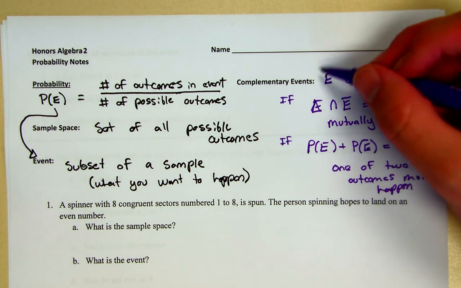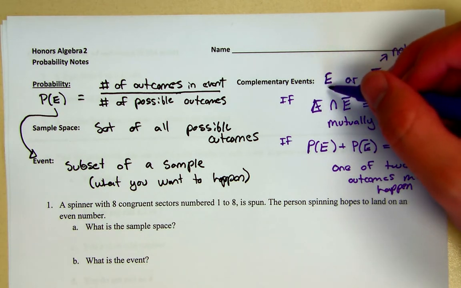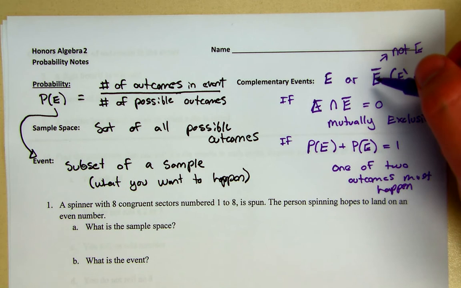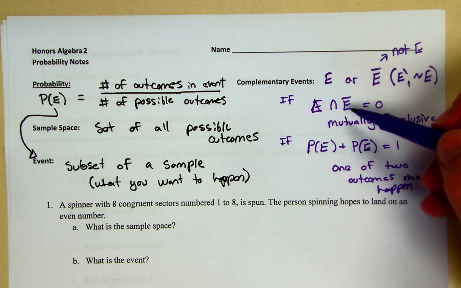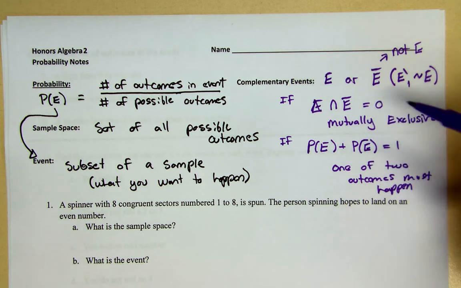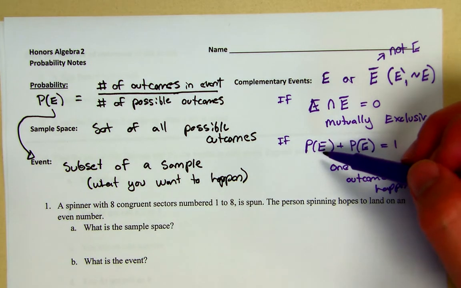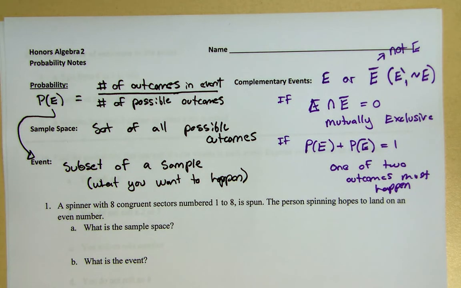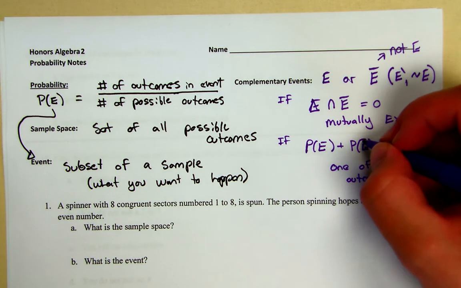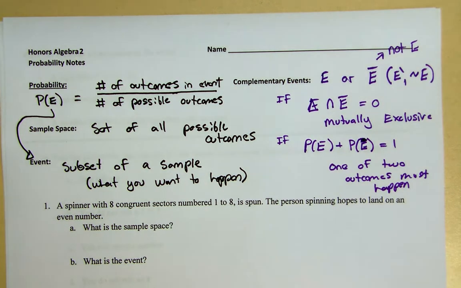The probability of heads is E. Not heads would be not E, so that would be tails. While E intersection not E equals 0, also the probability of flipping a heads plus the probability of flipping a tails equals 1. Those are the only two choices. So one of the two outcomes has to happen. So again, those two are complementary events.